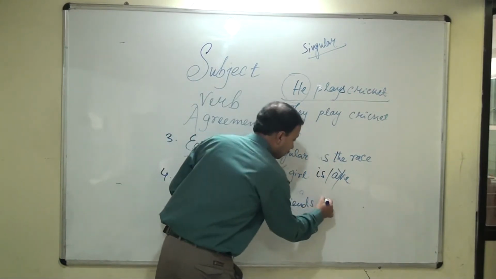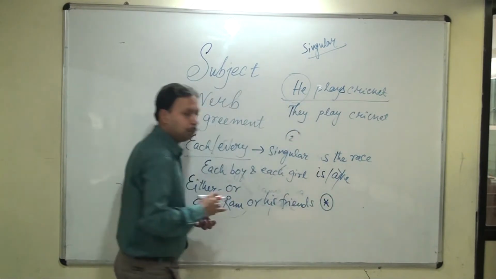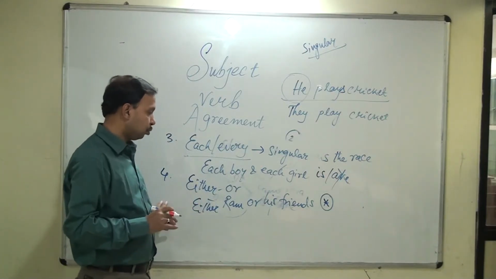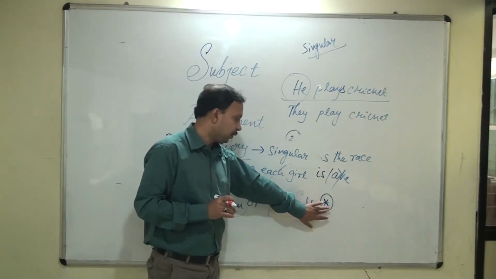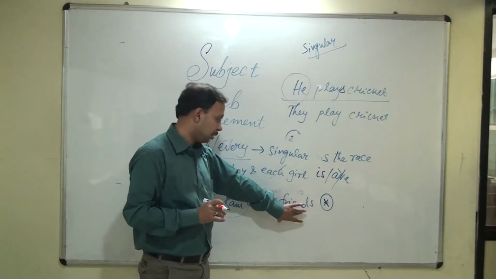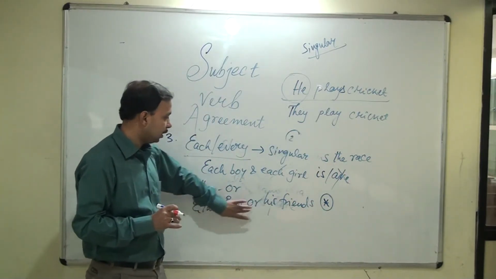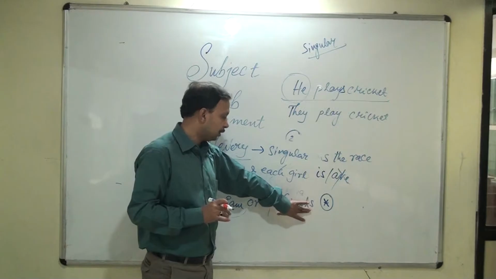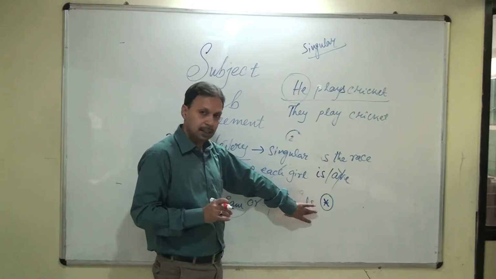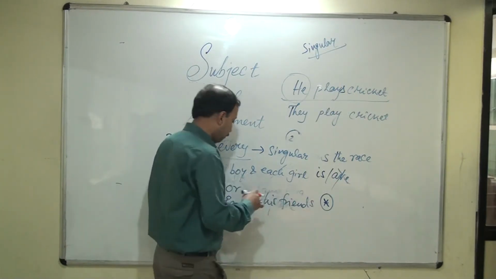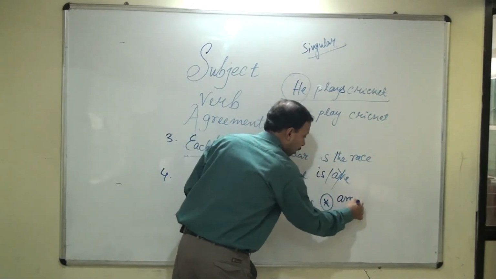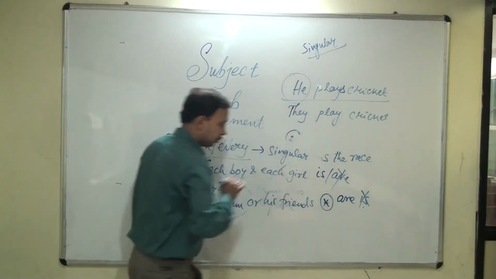And after that, a verb is to be placed. Now, according to the rule, that verb will definitely agree with the nearest subject. According to this sentence, the nearest subject is his friends. As you know, his friends is considered a plural subject. Definitely, the verb will be are in place of is.